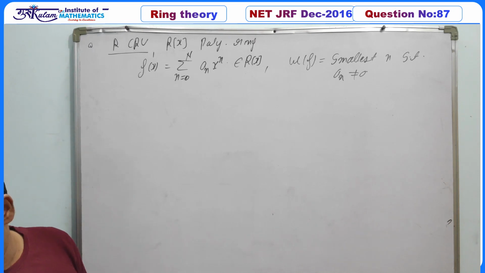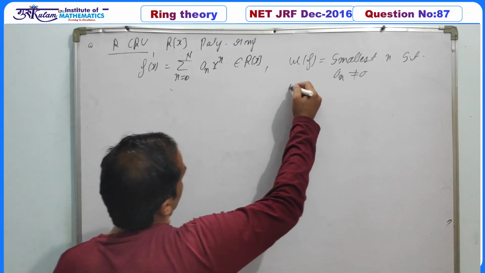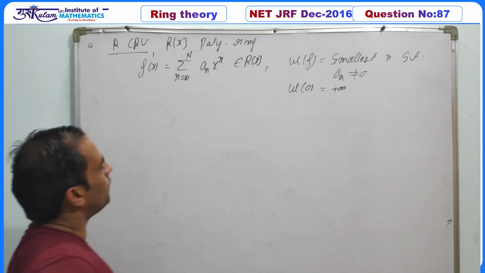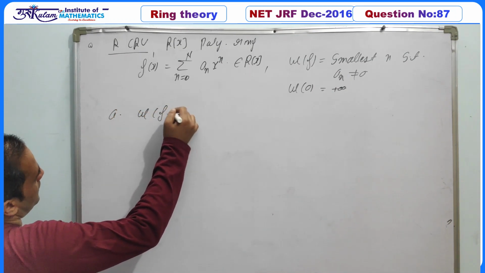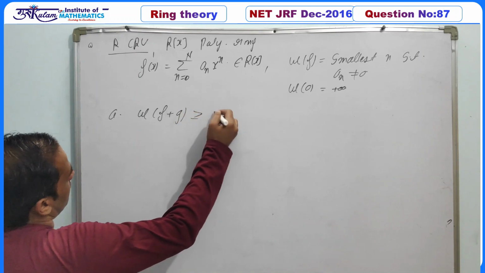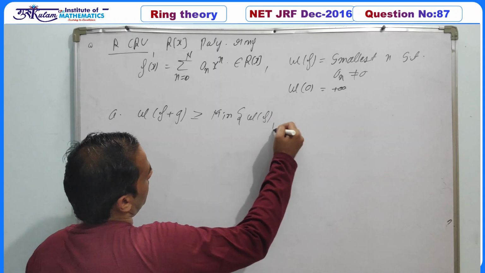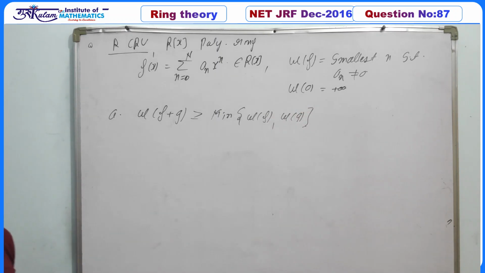Then W(0) is plus infinity. Then the first option is W(f+g) is greater than or equal to the minimum of W(f) and W(g). So we have to identify this one.